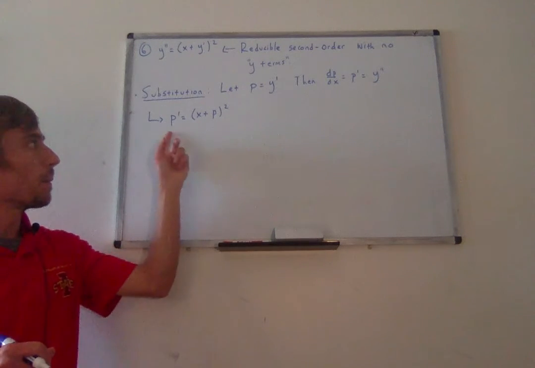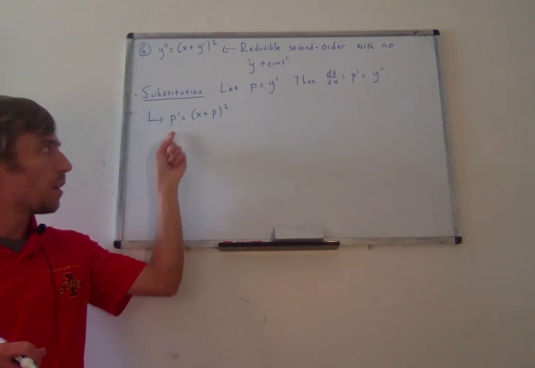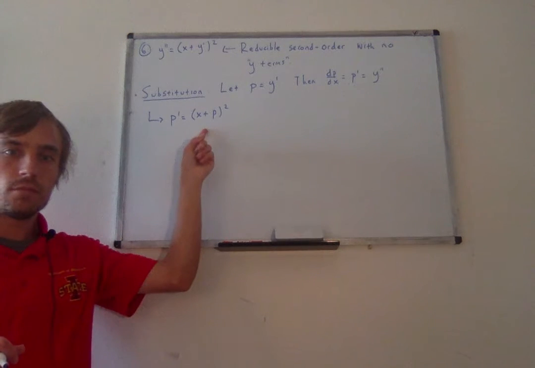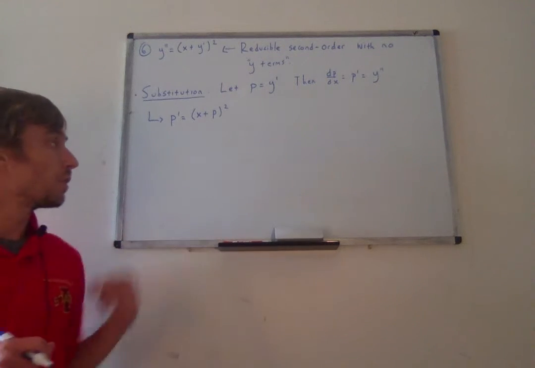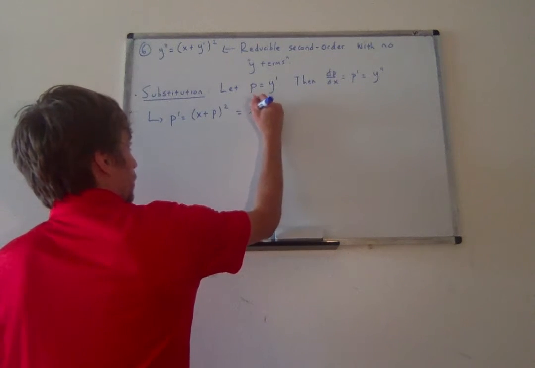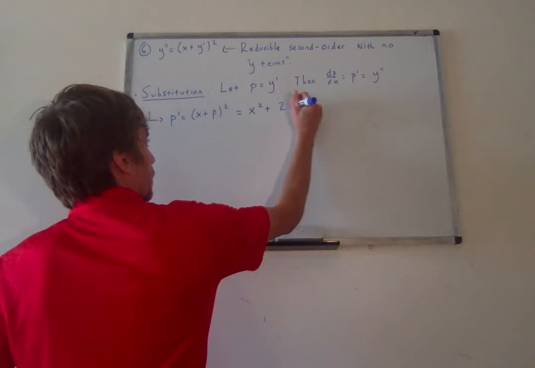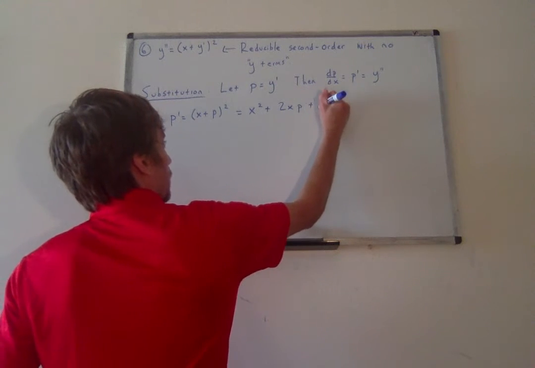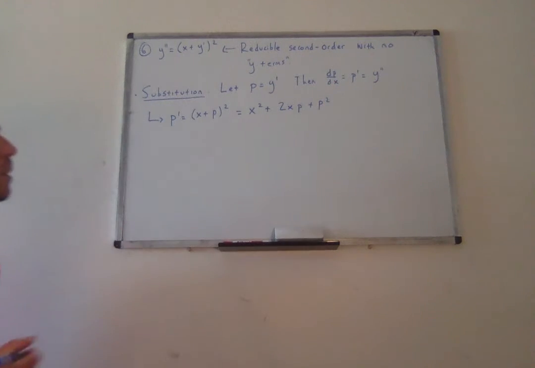And so we want to solve this. This is actually a little tricky to solve. If you expand the right-hand side of this equation, you get p squared.